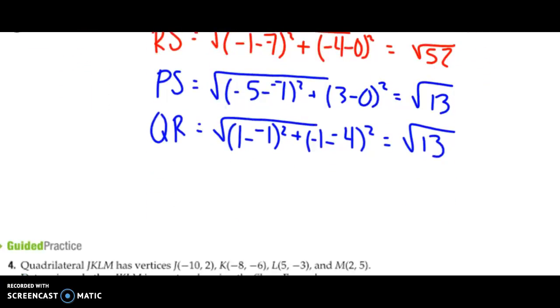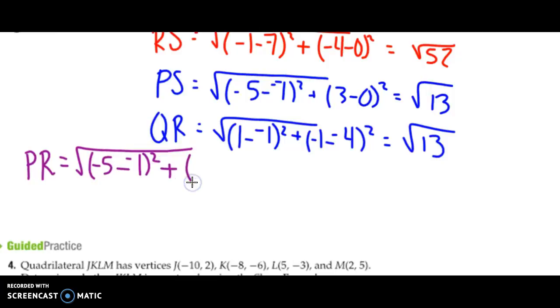So I'm going to do the distance formula two more times. So I do PR first, and PR then is going to be the square root of negative 5 minus negative 1 squared plus 3 minus the negative 4 squared. I put that all into my calculator, and I find that to be the square root of 65.